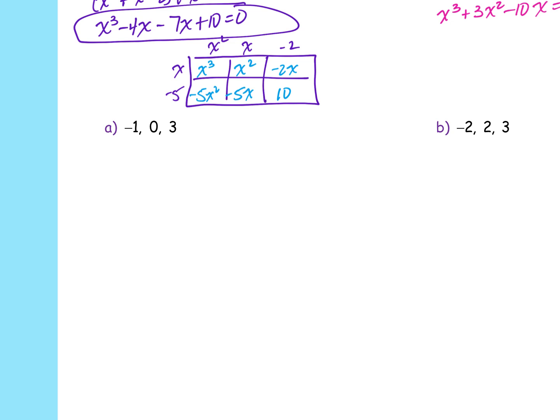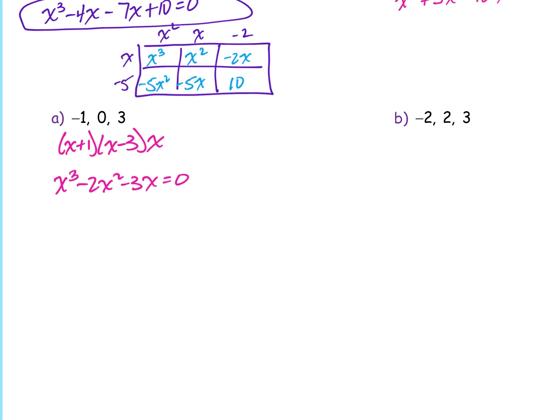So you should have multiplied together x plus 1 times x minus 3 times x, and gotten x cubed minus 2x squared minus 3x equals 0. Okay?